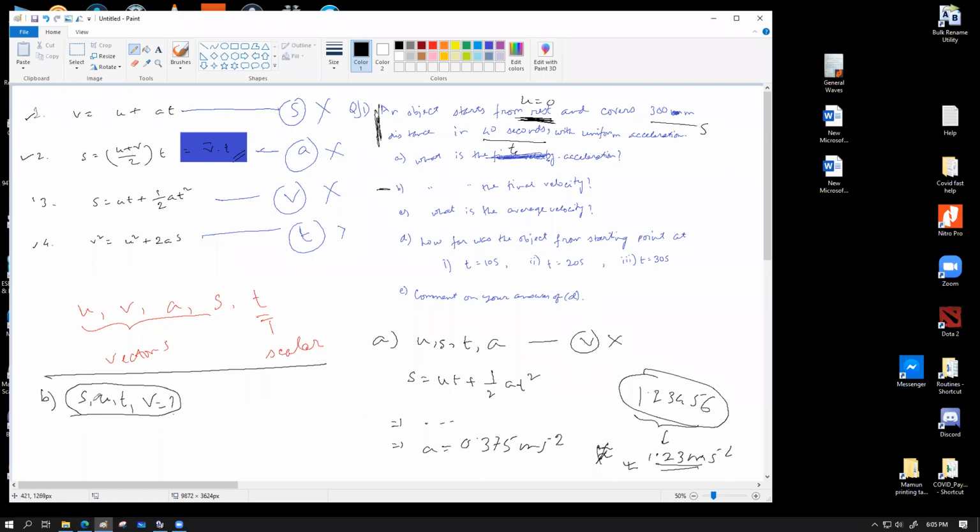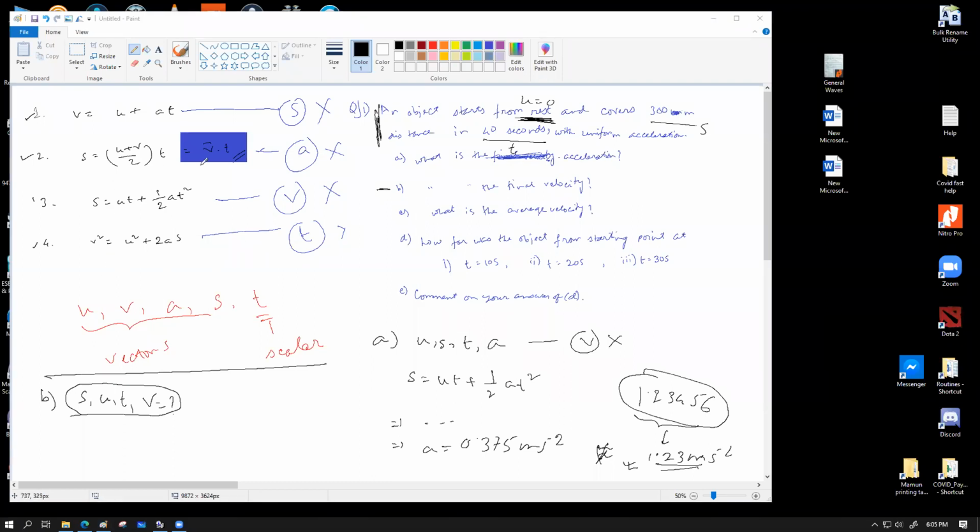But if I consider this variable, that's what I'm trying to get across: here the missing variable is A, so we can go for equation number 2. For example, if this question was absent, what would have been your preferable choice? 2. Number 2. Or 1 or 4.